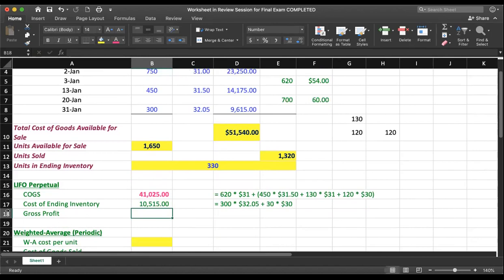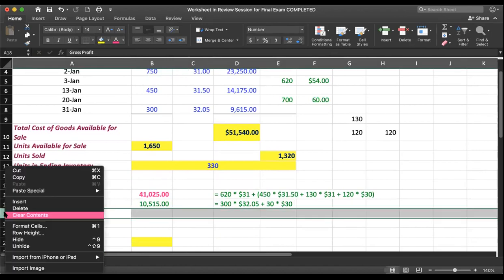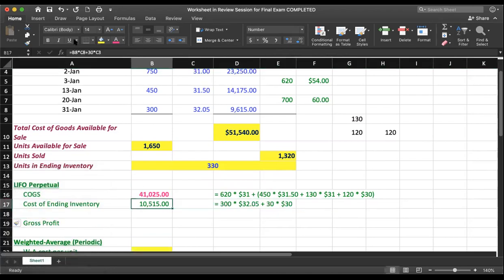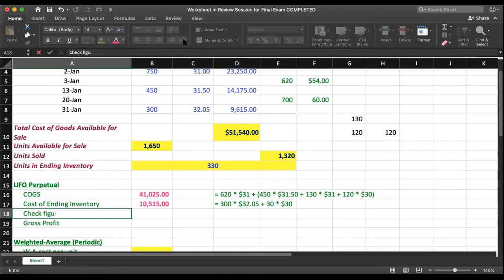So the cost of the ending inventory is $10,515.